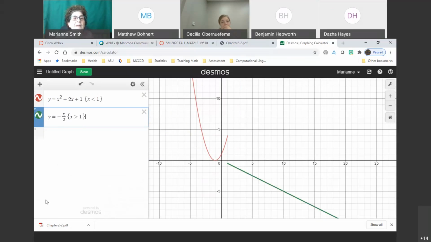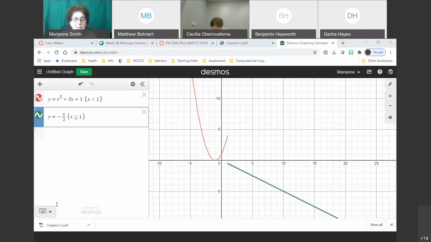Everybody see how I did that? It's super easy. You're just using the curly braces to put the domain statement. You can see how this works: over here you've got undefined, but over here you've got a value for x equals 1. Here's where the value is.